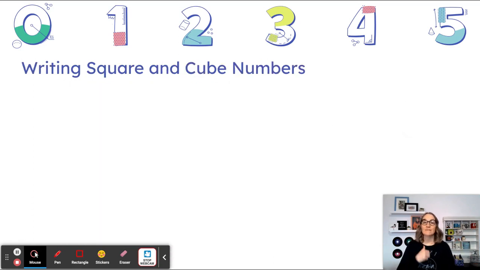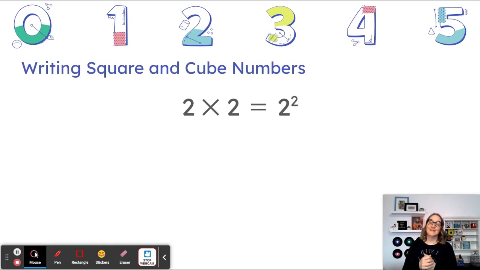Now, one way we can write squared numbers is like this: 2 squared. That small little number up on the top right-hand corner tells us that the number is 2 times itself. And we can write cube numbers in a similar way. So what number do you think we'll put in the top right-hand corner if we want to write 2 times 2 times 2 this way?